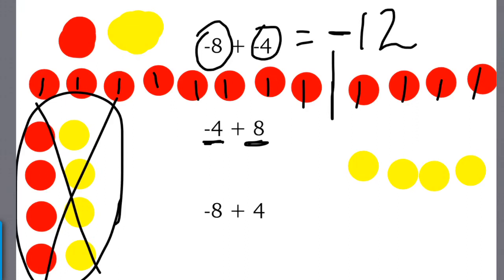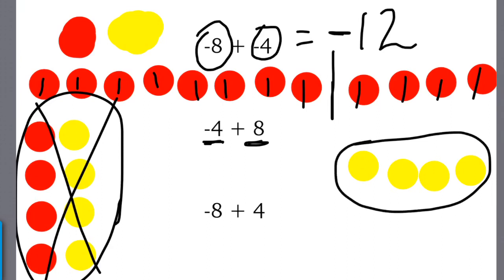I have no more red counters, so I can't make any more 0 pairs because I have to have 1 red counter in a 0 pair. So these are the counters that are left, so these are my final solution. They are yellow counters, so my final solution is positive, and there are 1, 2, 3, 4. So my final solution is +4.